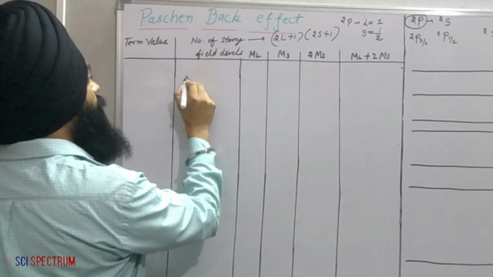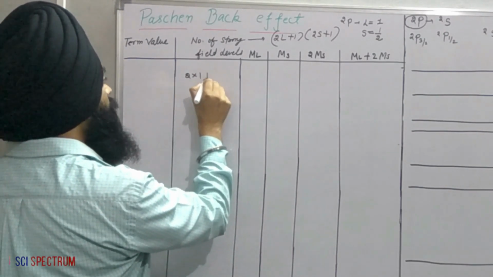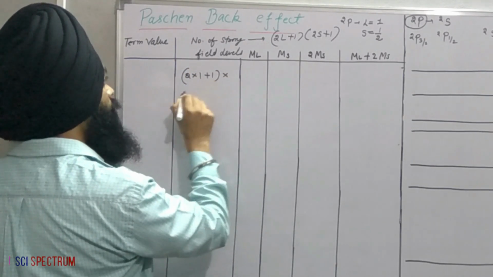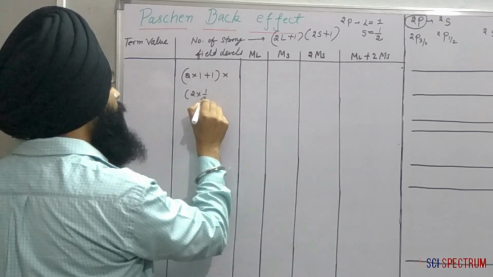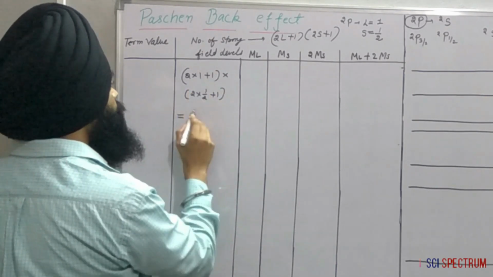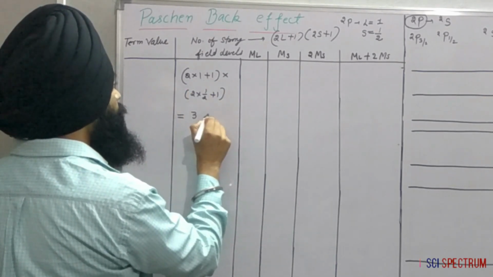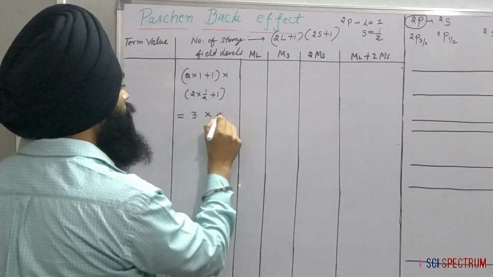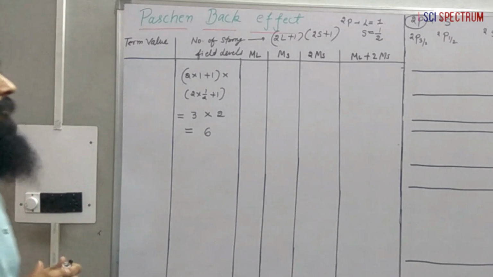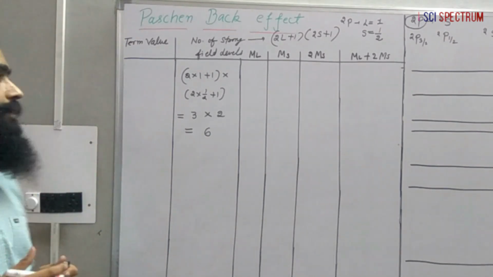So we can calculate here 2 into 1 plus 1 into 2 into half plus 1. So this comes out to be 3 into 2. So we have a total number of 6 levels for 2p state.